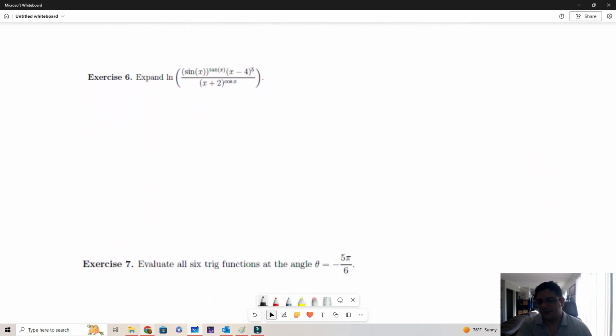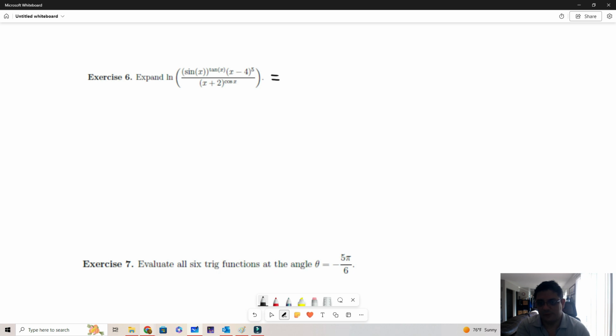Now, some of these exercises are about understanding what certain trigonometric values can mean, and also about using the logarithmic and exponential functions. So for example, if we're doing this expansion, you want to use the properties of the log.